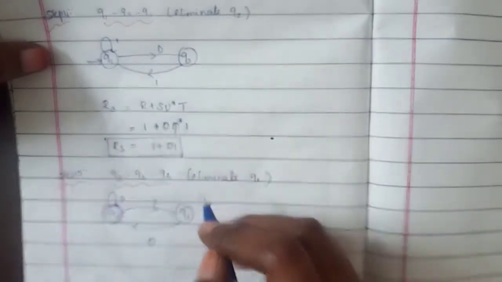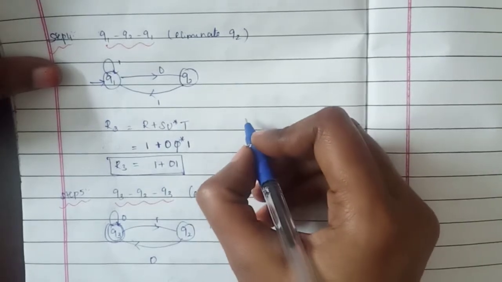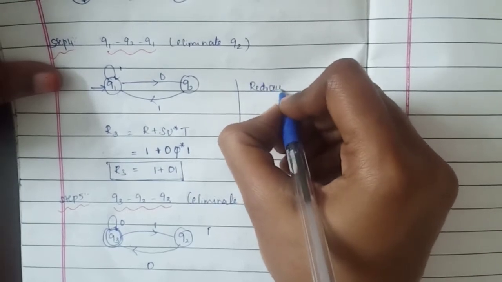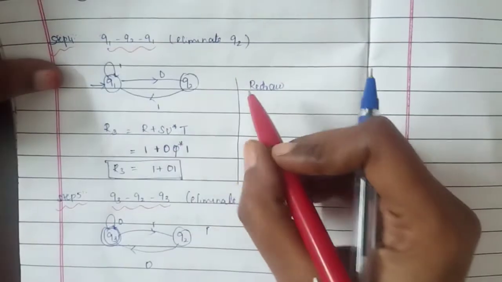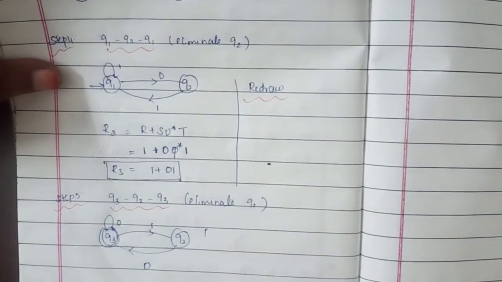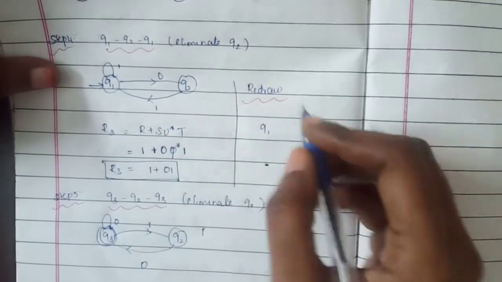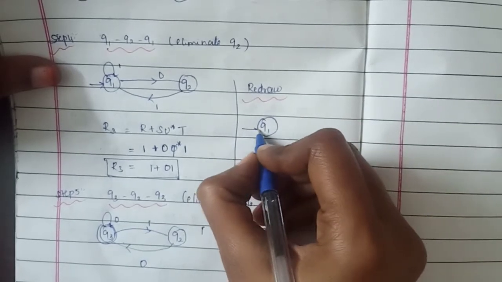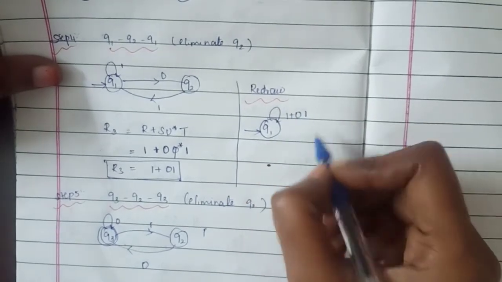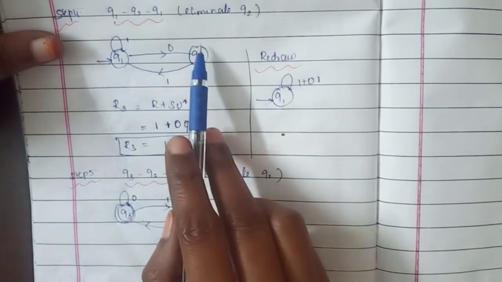So when you have this, right, before this you have to redraw the diagram. Just after this step redraw this diagram, which is known as Q1 Q2 Q1, right? So we have to eliminate this one. So for Q1 we'll have 1 plus 0 1. So this is the diagram representation of this transition diagram after eliminating Q2.